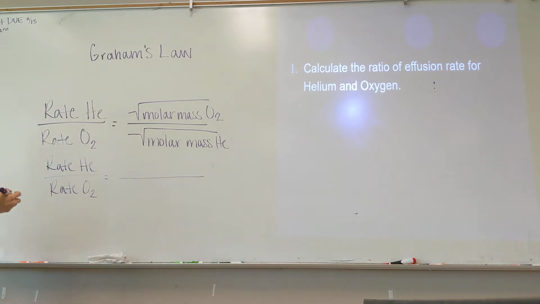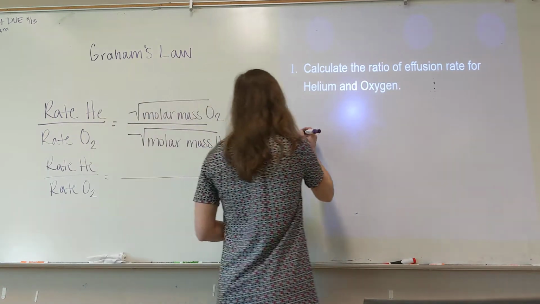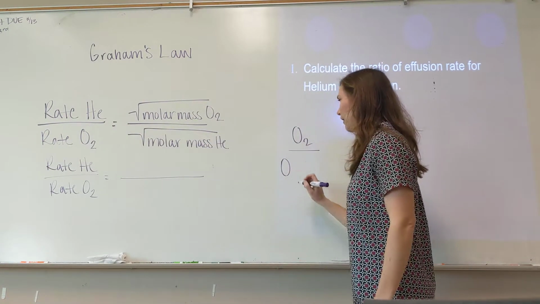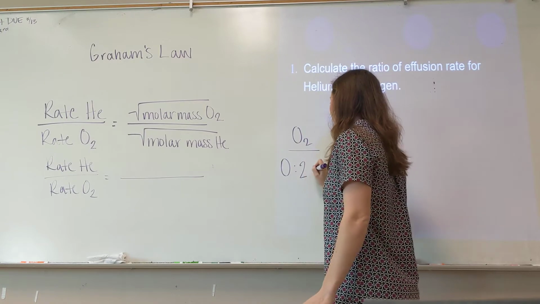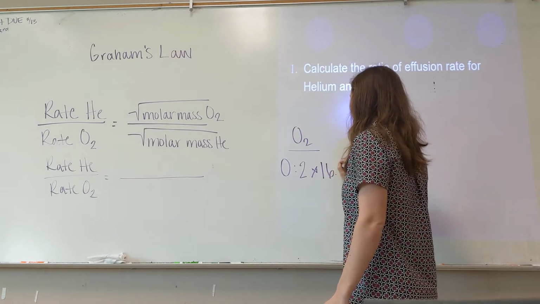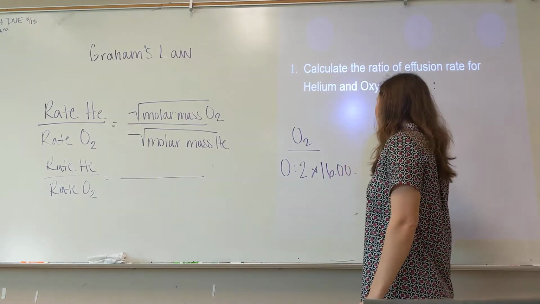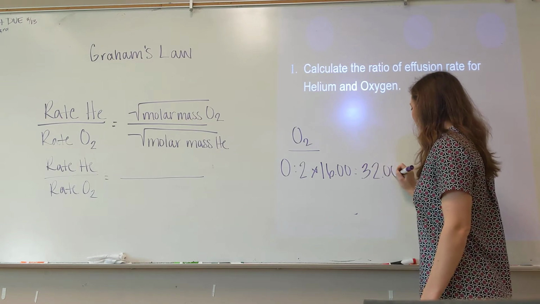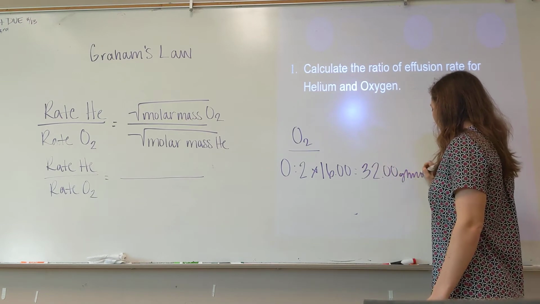For the rate of O2, if you need to come over on the side, remember to find the molar mass. I have 2 oxygens multiplied by the molar mass of oxygen, which we can find on the periodic table is 16. 2 times 16 is 32 grams per mole.